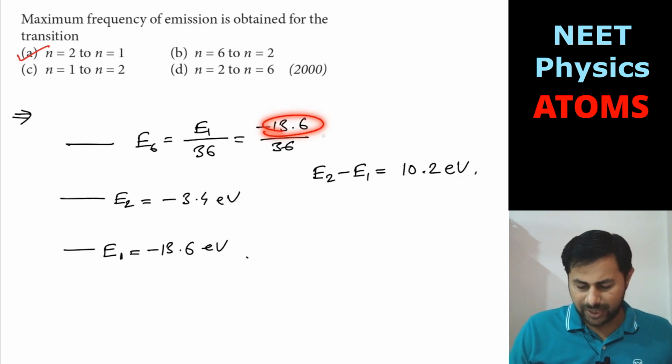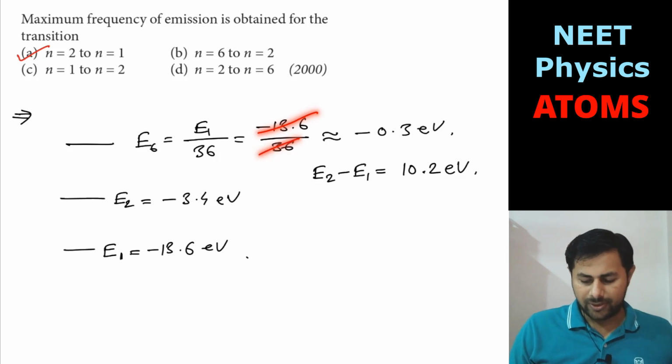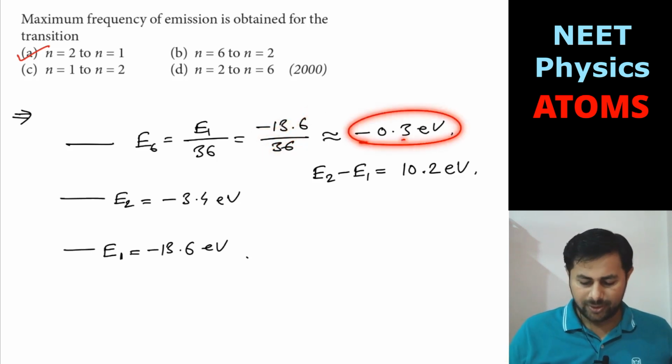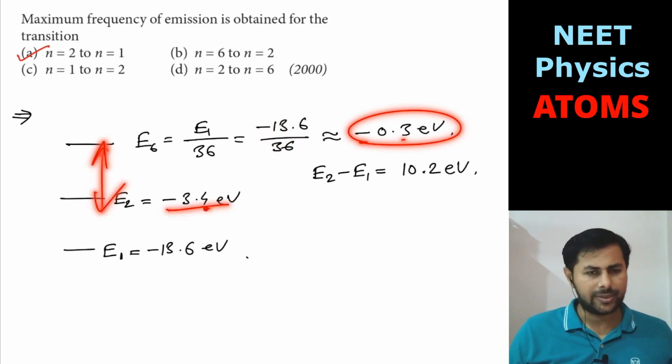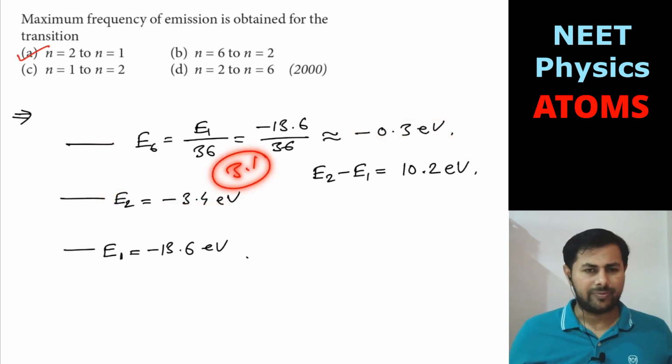Nearly, it is roughly minus 0.3 eV, since 12 3s are 36. So the energy difference between these two is 3.4 minus 0.3, which is 3.1 eV.